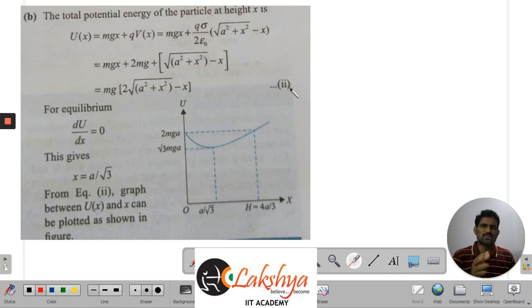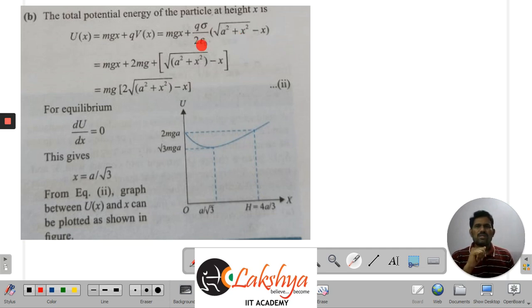Suppose when it is at a height x above the center, the gravitational potential energy is mgx and the electrostatic potential energy is q into V of x, where V of x is nothing but the potential at that point, a direct formula.